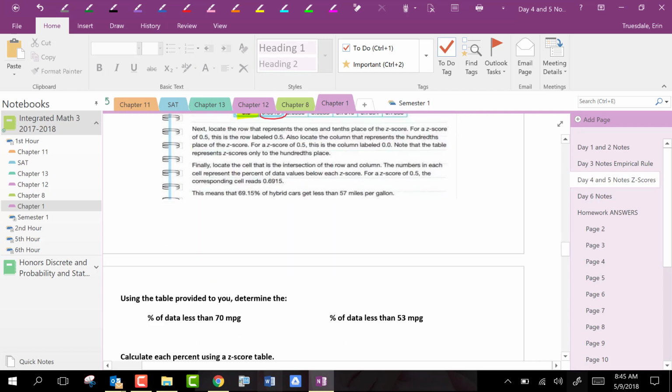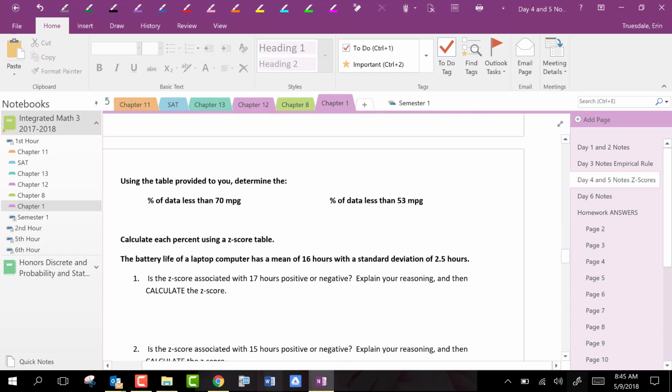Okay, let's practice. Flip it over. Using the table provided, determine the percent of data that's less than 70 miles per gallon. We already found the z-score to be 2.67. So let's go to your chart.